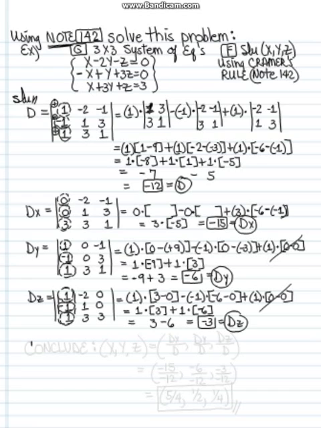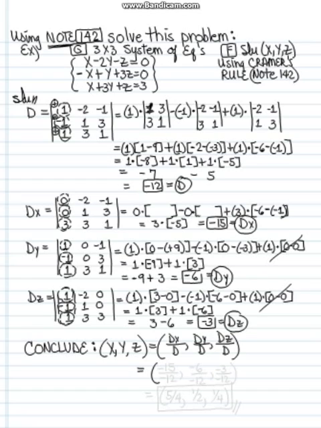So the conclusion will conclude the solution, order triple x, y, z, is equal to d sub x over d, comma, d sub y over d, comma, and d sub z over d.